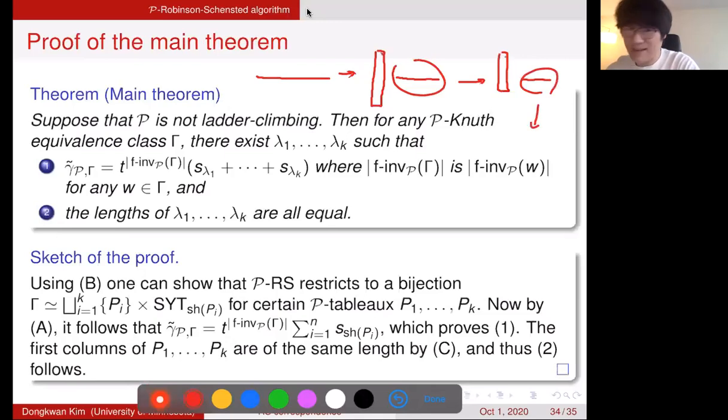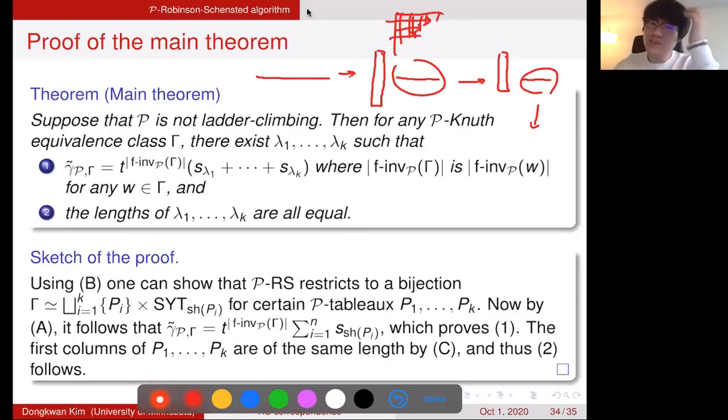Then you concatenate all of these chains and get the p-tableau. So in this P Robinson-Schensted algorithm, it's clear from the construction that each column is a chain with respect to P. The part which is not really clear is that the row is non-decreasing, because it's just a concatenation of chains. We do not know whether this way gives a non-decreasing one.